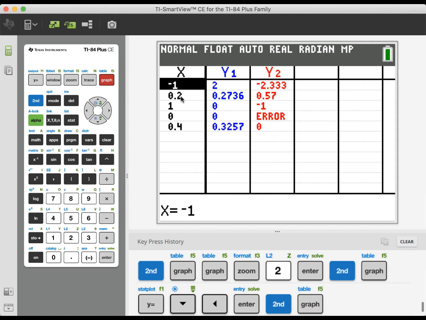At 0.2, which is the 1/5 value, we got 0.57, and at 1, it gave us -1. Notice the only thing I care about for these three values are the y2s. Now, on the 0 and the 0.4, which is the 0 and the 2/5, we got an error and a 0 over here because these are in fact critical numbers. And these are the y values at these x values.